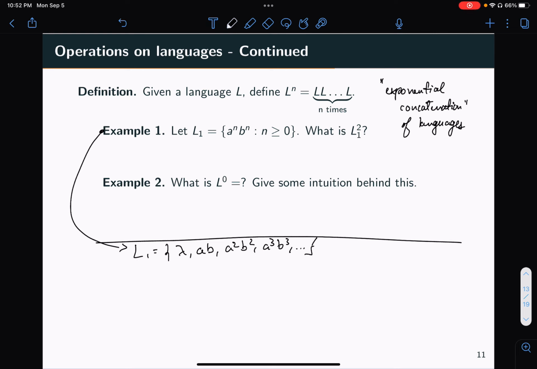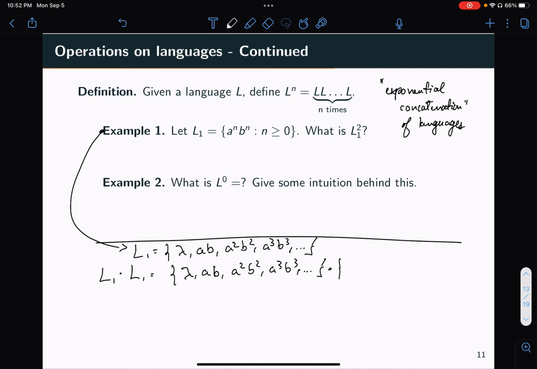So this is L1. What is L1 squared? So you take L1, and then you concatenate it with L1. So then, what does that look like? It looks like lambda, AB, A2B2, A3B3, and then concatenate it with itself, right?